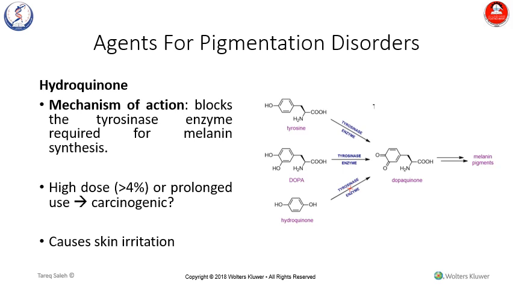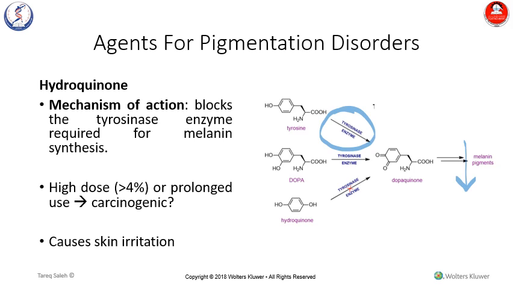Remember from your biochemistry that melanin is synthesized from tyrosine or tyrosine-like substances, and inhibition of the enzyme tyrosinase is a critical step in the mechanism of action of hydroquinone. Inhibition of this enzyme results in a reduction of melanin pigment production and the reduction in skin coloration.